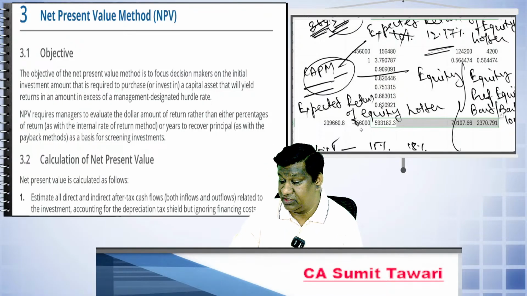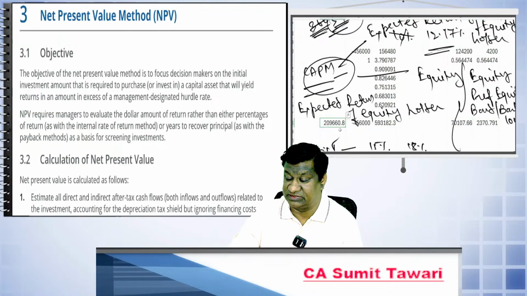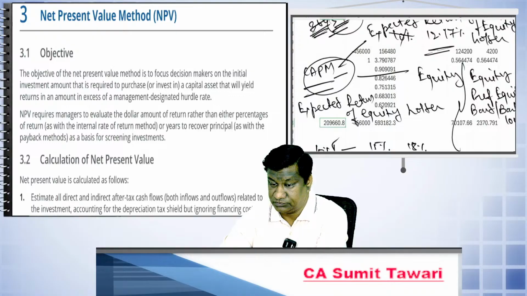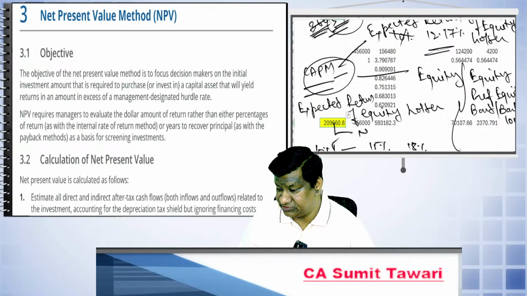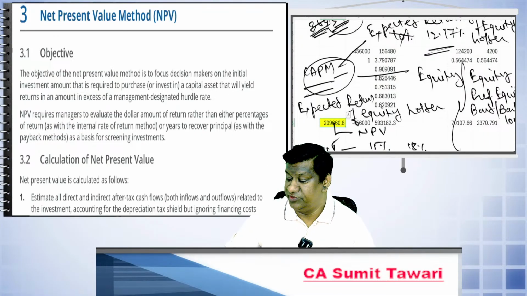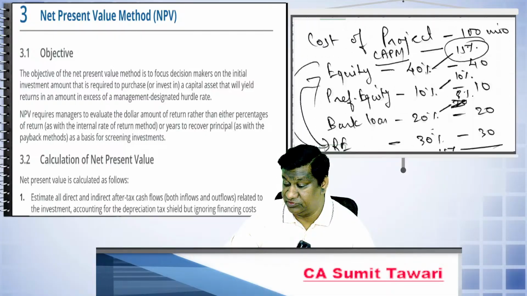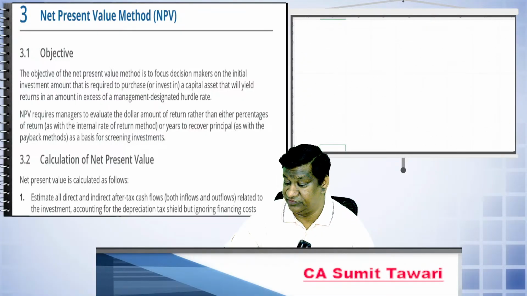When I deduct 456,000 from 656,560, the net positive value is 209,660. So that is my net present value. Net present value is basically the discounted cash inflow minus the initial investment. That you can also consider.